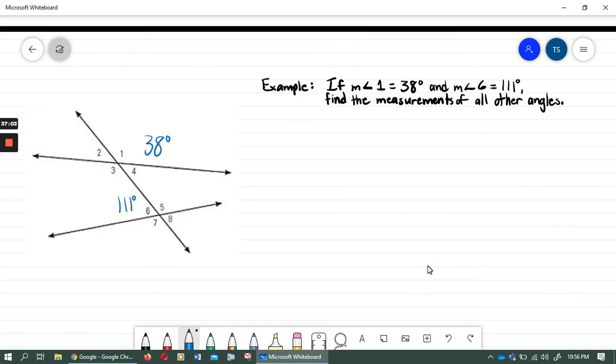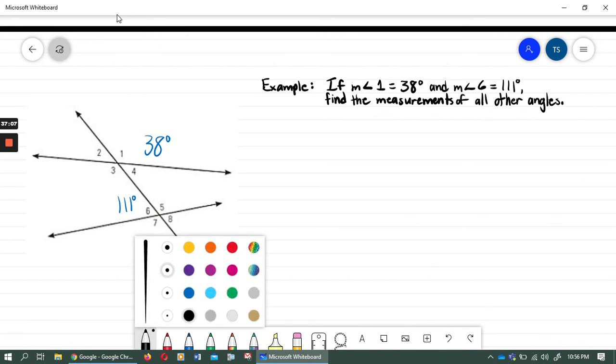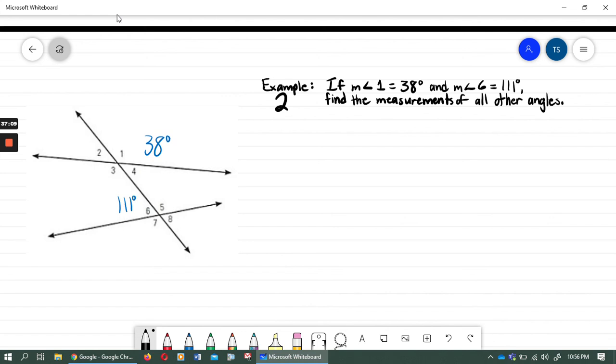Super quick, this last example, example 2. If the measure of angle 1 was equal to 38 degrees and the measure of angle 6 was equal to 111 degrees, find the measurements of all the other angles.